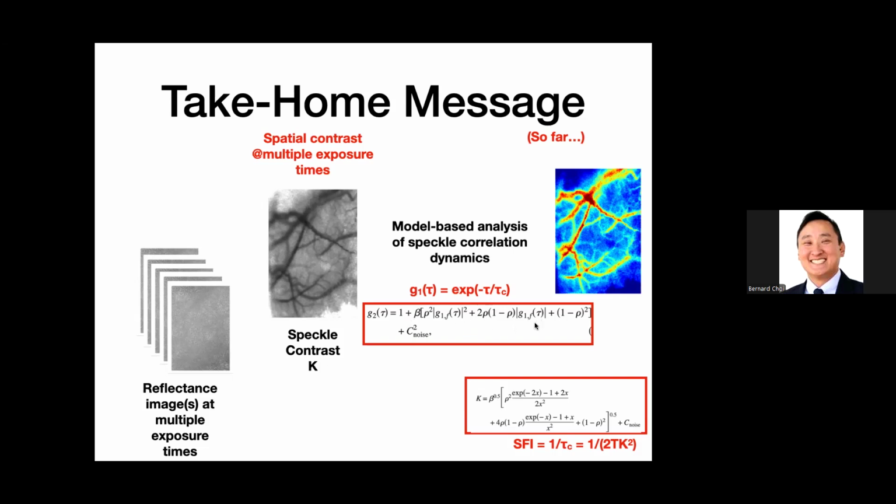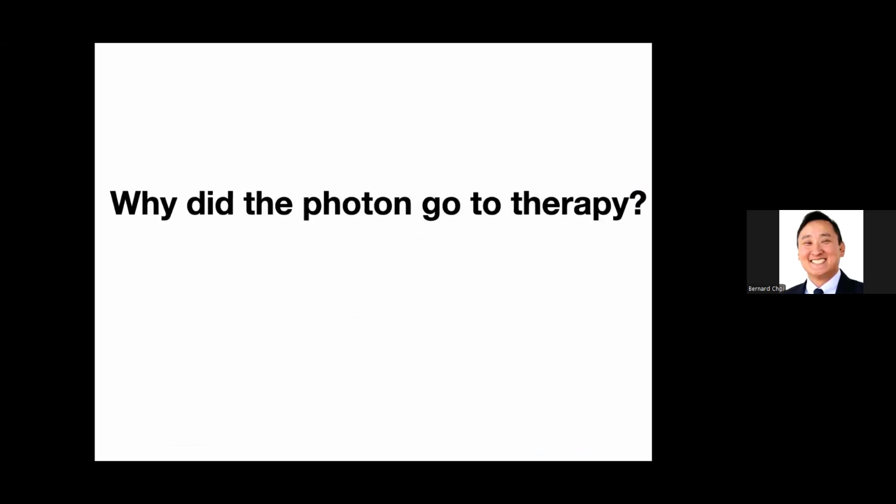That makes the equation a little more complicated, and hence it makes the contrast equation a little more complicated, but it's all been worked out. So the key is you need to measure at multiple exposure times, calculate the contrast at each of these times, and then do fitting in order to get the other parameters out.